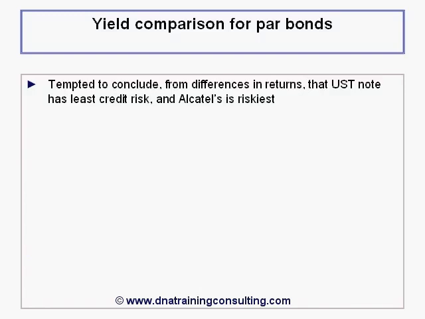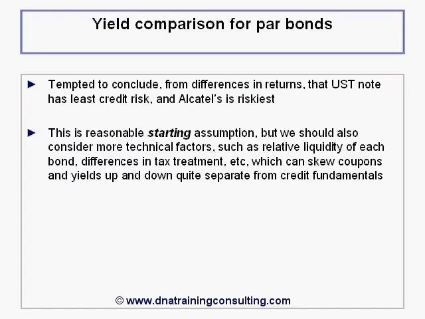We would be tempted to conclude from the differences in the returns of the three bonds above that the U.S. Treasury note is the one that carries the least risk, from a credit perspective at least, and that Alcatel's is the riskiest.